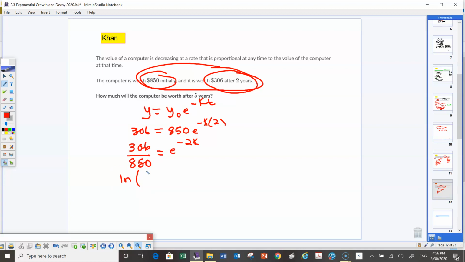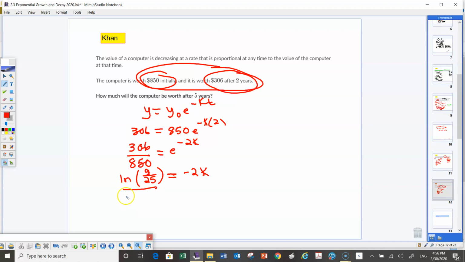So 306 divided by 850, and if I convert to a fraction, it's 9 over 25 is going to equal, when I take the logarithm of the right-hand side, the negative 2k comes out front, and the ln becomes 1, so it drops off.